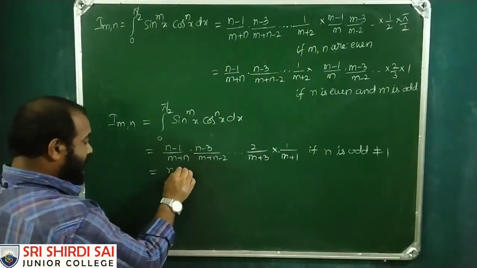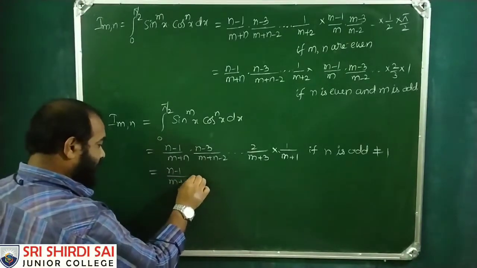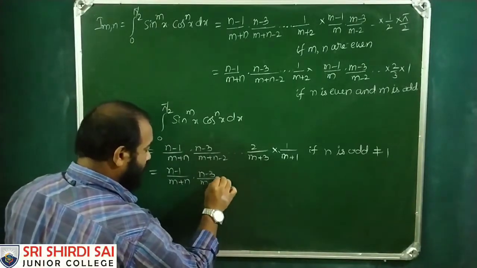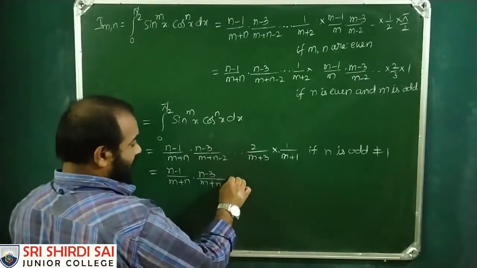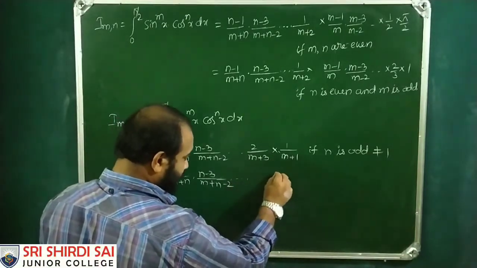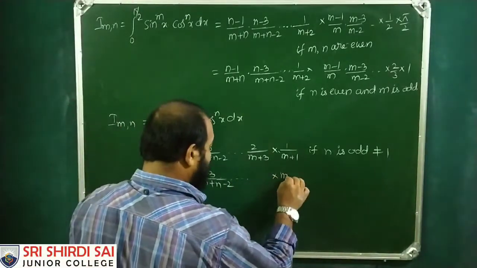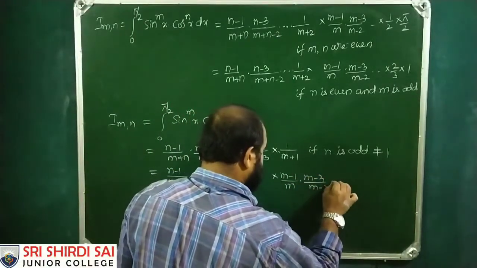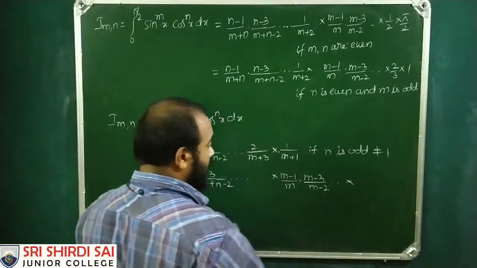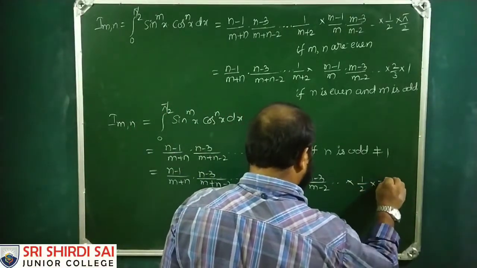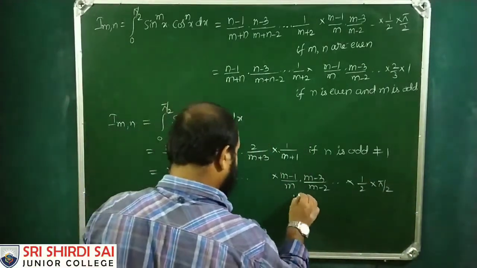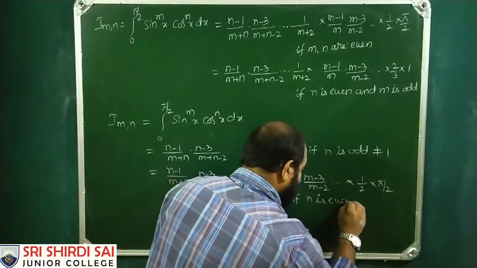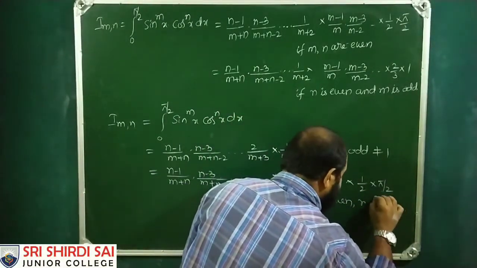And (n minus 1) by (m plus n) into (n minus 3) by (m plus n minus 2), etcetera, into (m minus 1) by m, (m minus 3) by (m minus 2), etcetera, into 1 by 2 into pi by 2, if n is even, m is even.